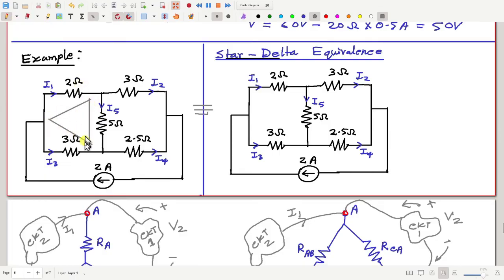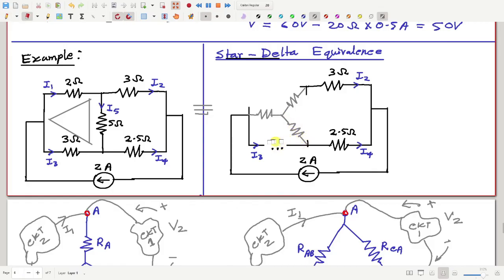You see three resistances connected like a delta, so let me replace these three with the equivalent star configuration. So we will have 1, 2 and 3. Oh, this is also gone. This is also removed.